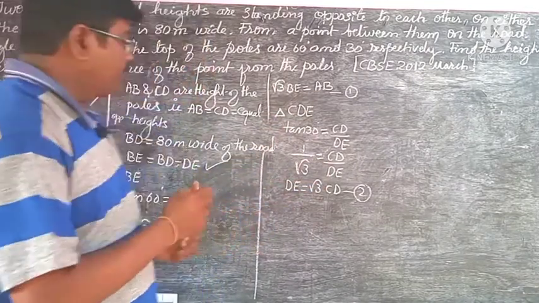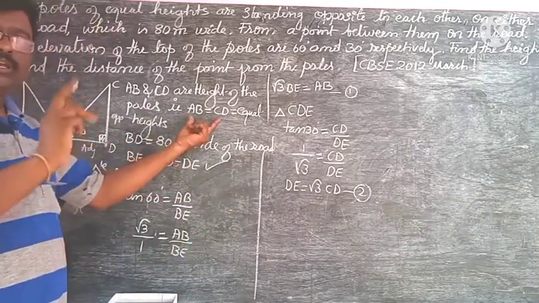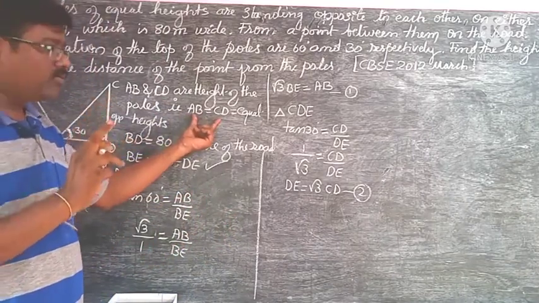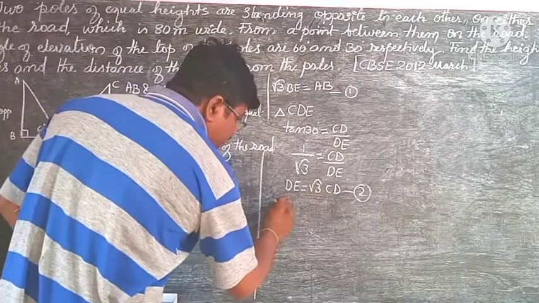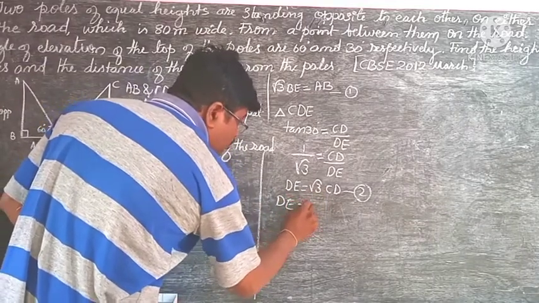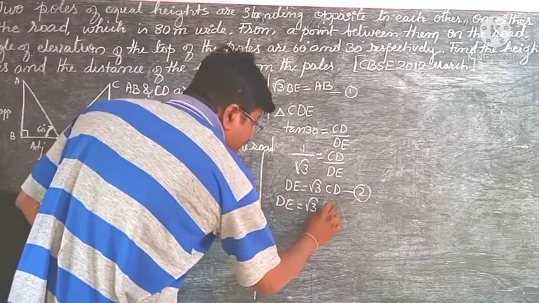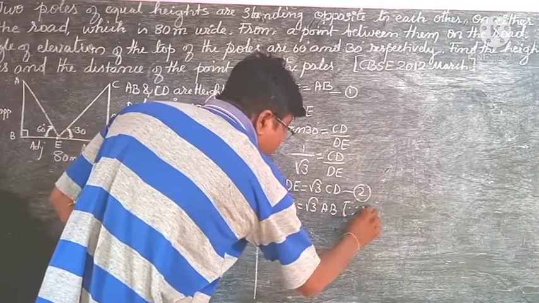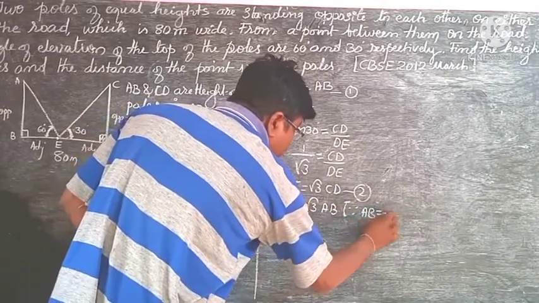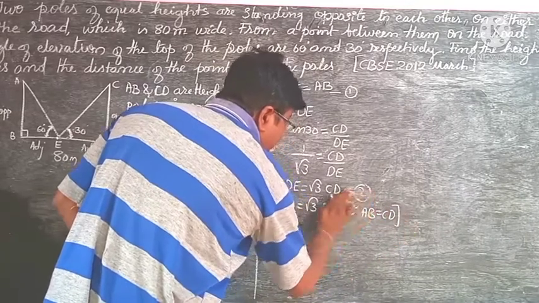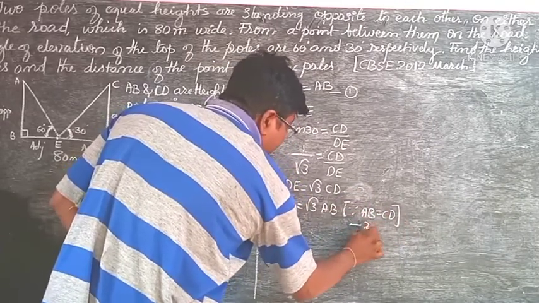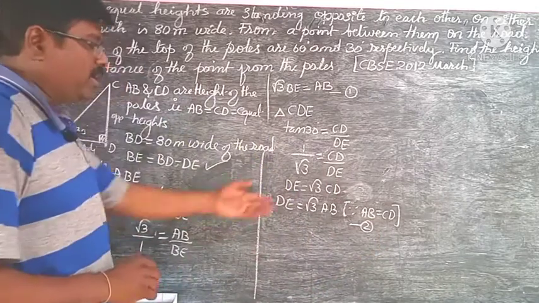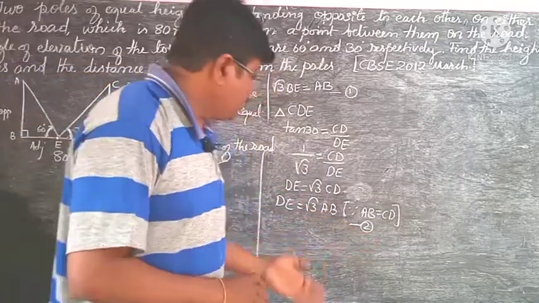It means both heights are equal, so we write DE is equal to root 3 AB, because AB is equal to CD. If they are equal heights, we can call this equation number 2.